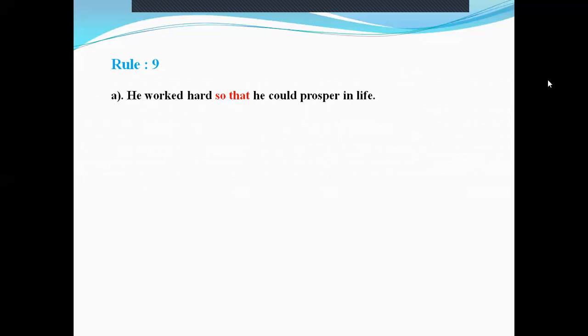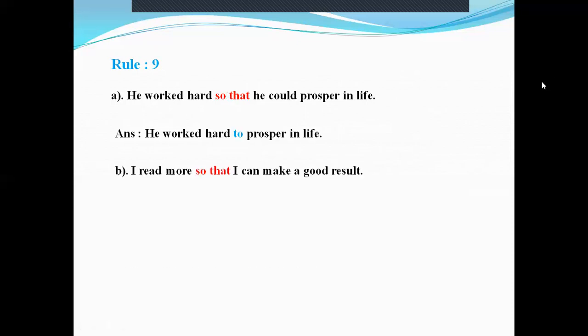So the answer will be: He worked hard to prosper in life. Number B, I read more so that I can make a good result. This is very simple. Use "to" instead of "so that" and omit "I" and "can". So the answer will be: I read more to make a good result.